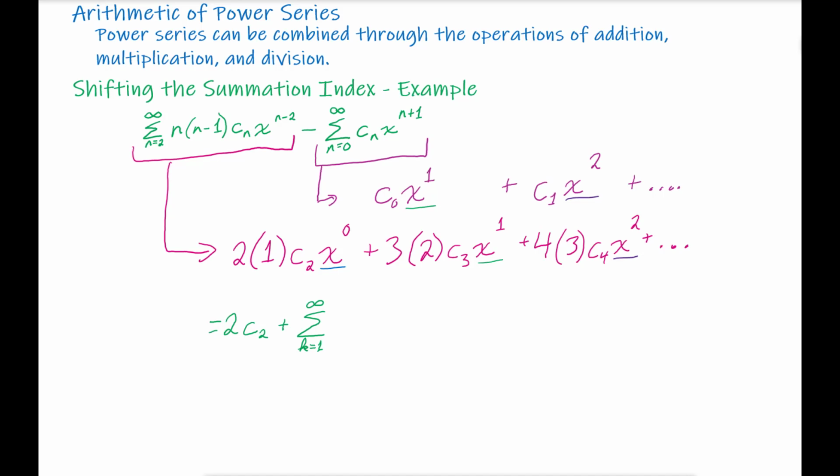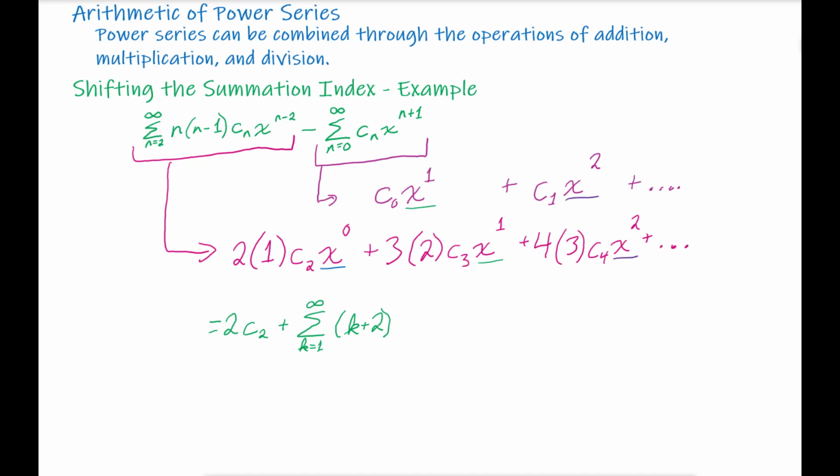Now the first term is, we're going to be taking our pink term, so 3 times 2 times c sub 3, x to the first. We want to be taking that and subtracting the second term from it. So we need to represent these values in terms of k now. So plugging k equals 1 in, I want to get 3. So 3 equals 1 plus 2. So this is going to be k plus 2.